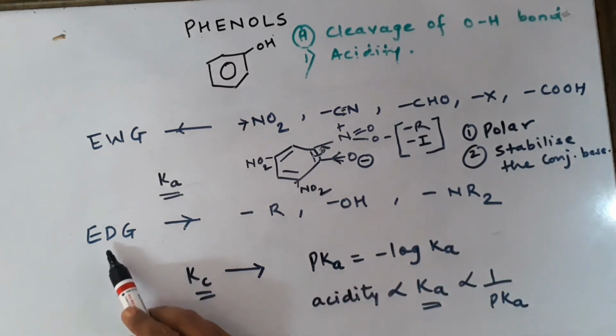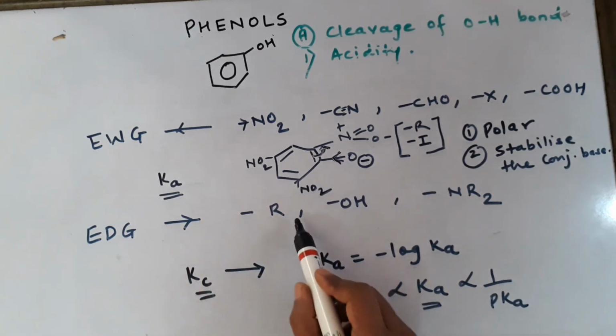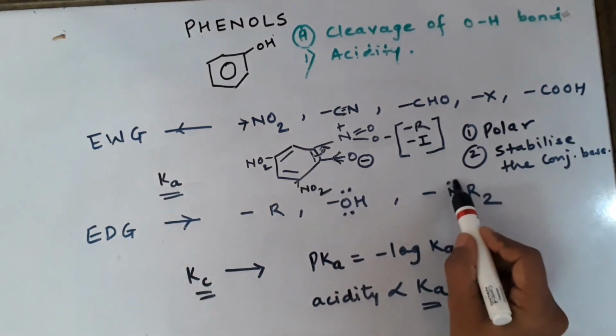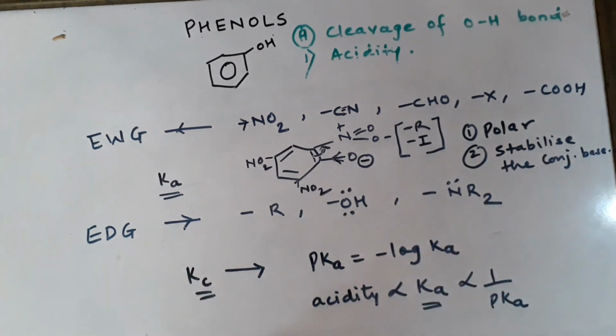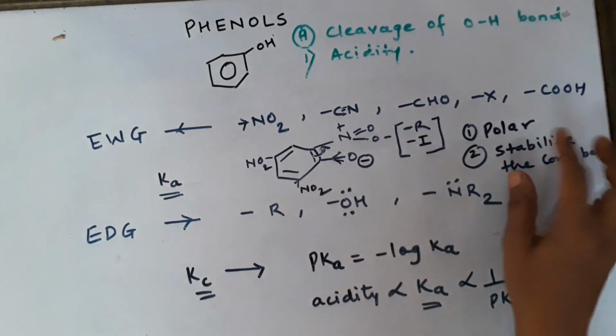Now on the other hand, if I attach electron donating groups like alkyl groups or hydroxyl group which has lone pairs on it, or amino group which again has a lone pair on it, such groups are going to be very detrimental for the strength of my acid, because they will oppose both the phenomena.